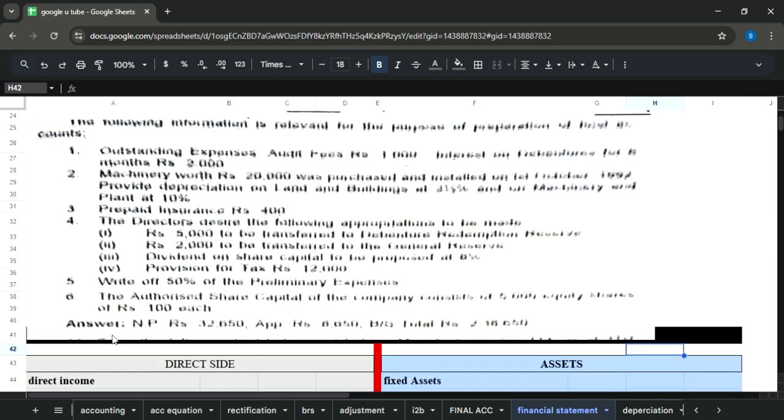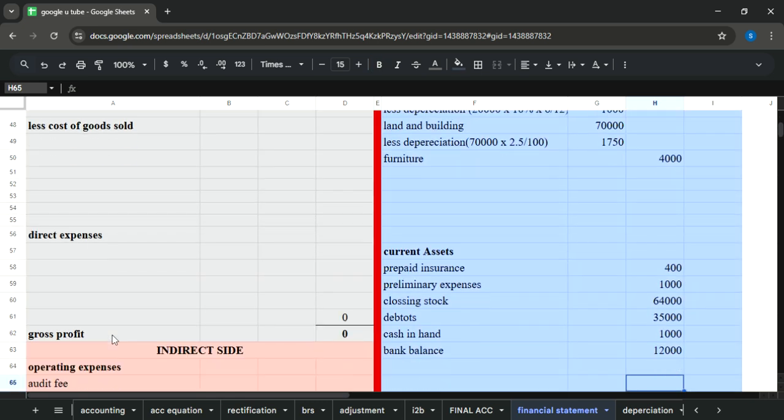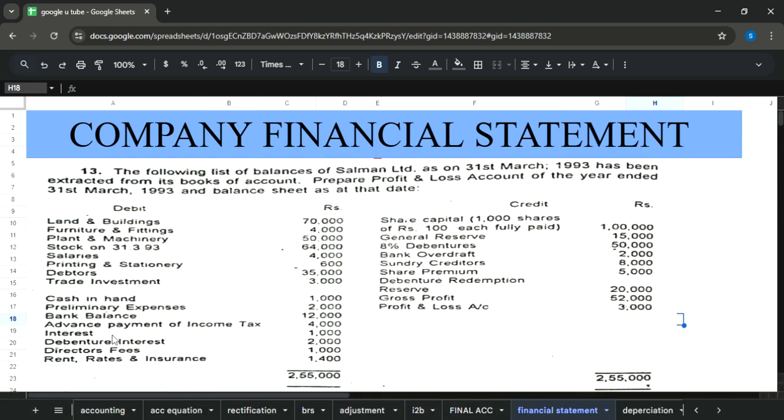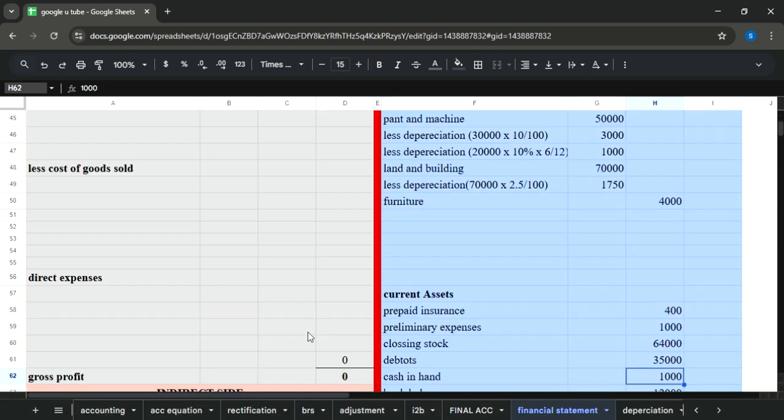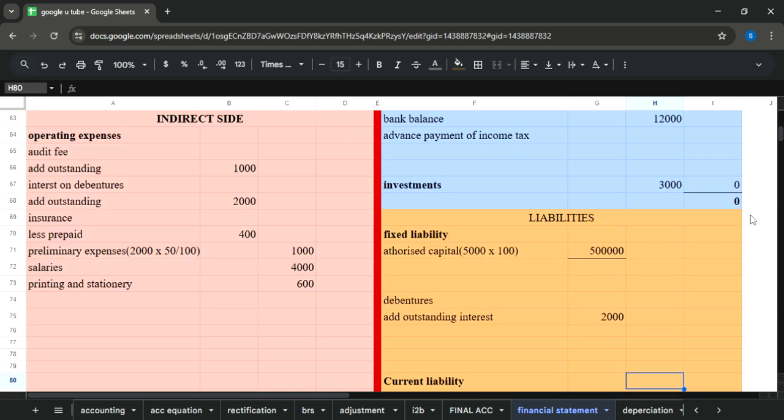Prepaid would be considered your asset, but it's not an adjustment. So you will mention it only once. Advance payment of income tax, and its amount is 4,000. Write down 4,000 in current asset side.